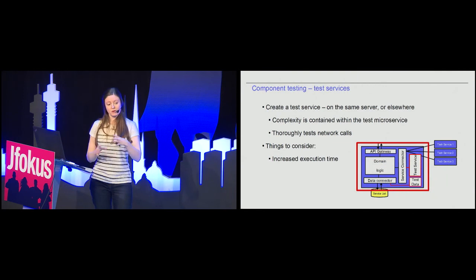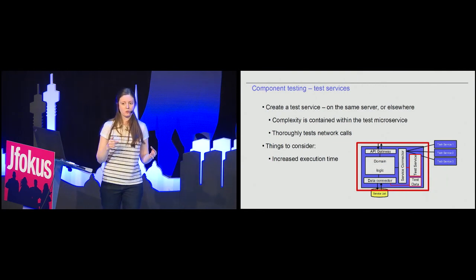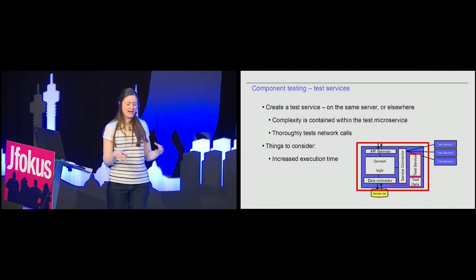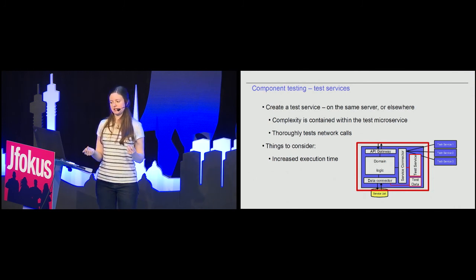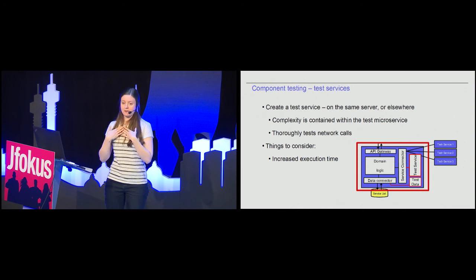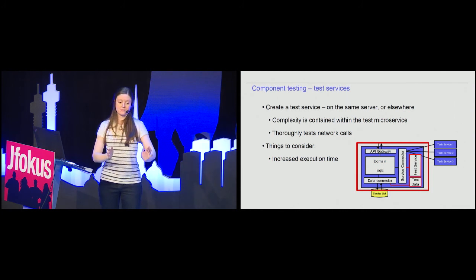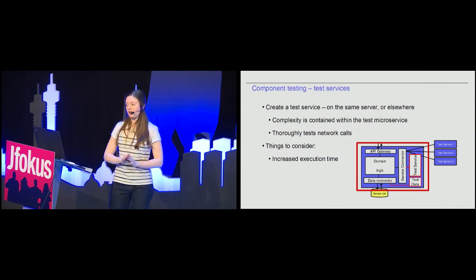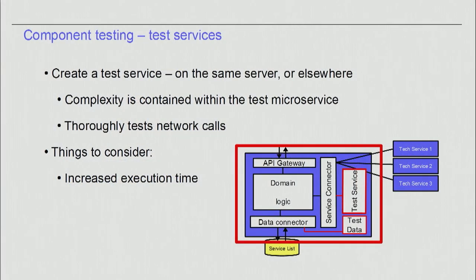So what we did for our system, and what worked very well given the structure that we have, is to have a test service. So here I am just talking about me personally testing my zip service. I'm not worrying too much about the people who own the different tech services. In my opinion, they should test their own services. So for my particular service, I can say, well, I know that each of the services I'm going to call out to will look roughly the same.